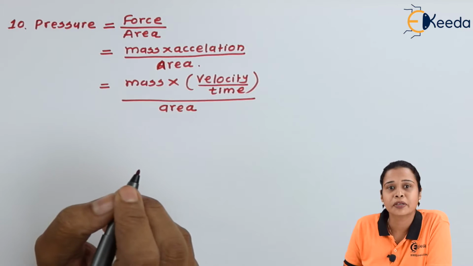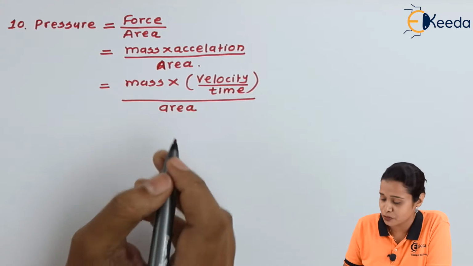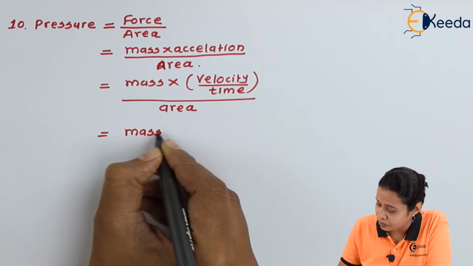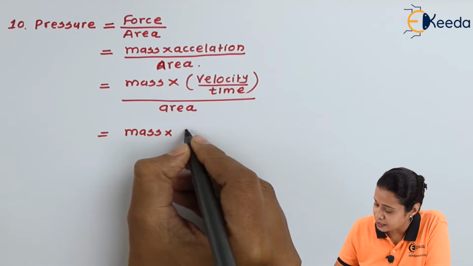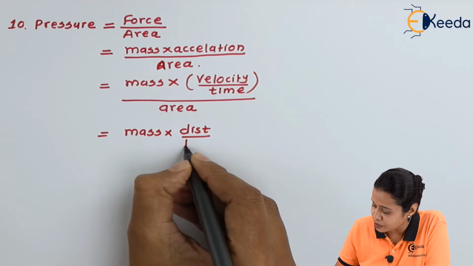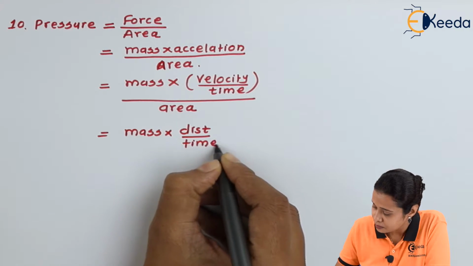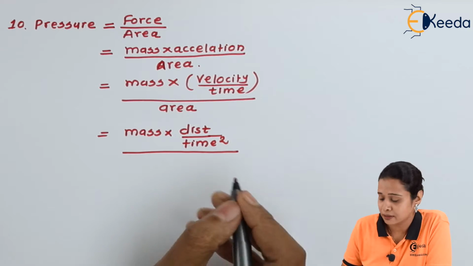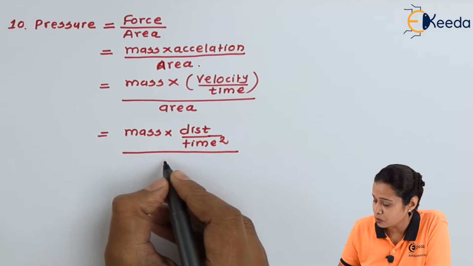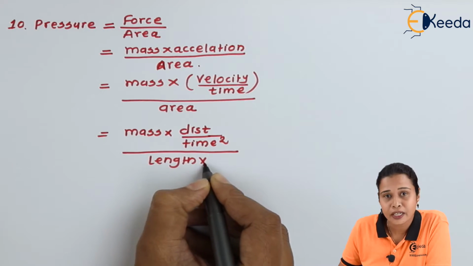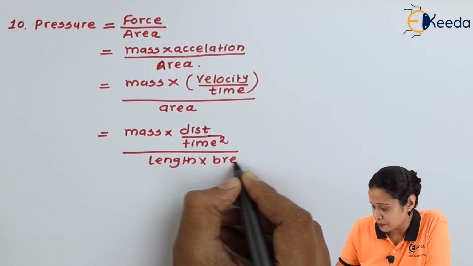Again, velocity can be expressed in terms of distance per unit time. So finally, we will write this equation: mass into velocity, that is distance per unit time, means here distance upon time square, and area is nothing but length into breadth.